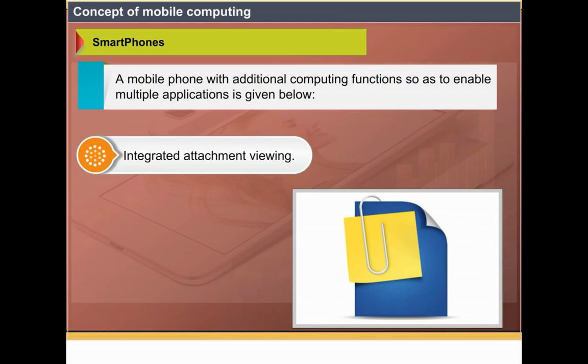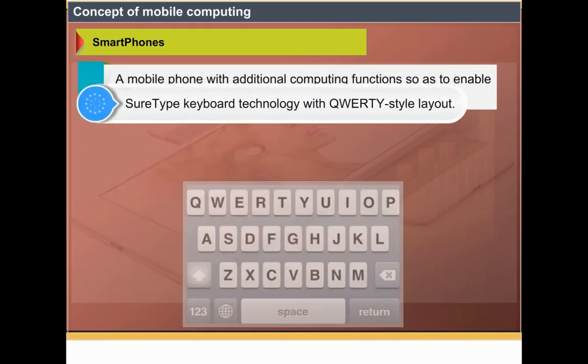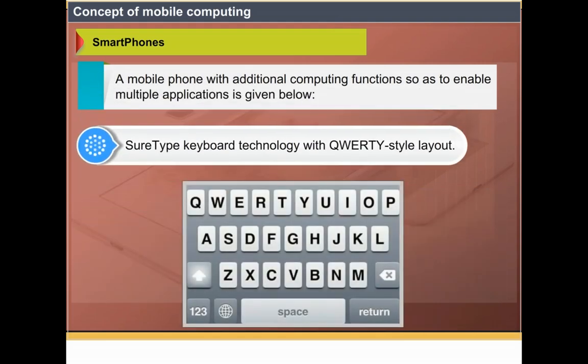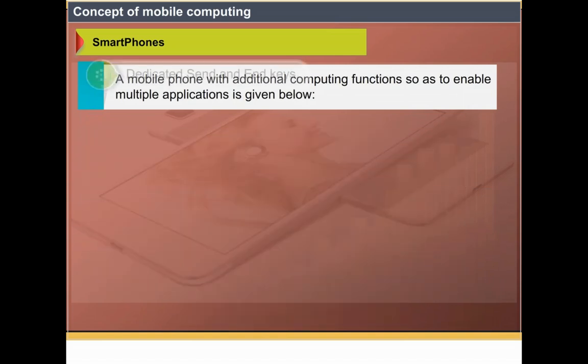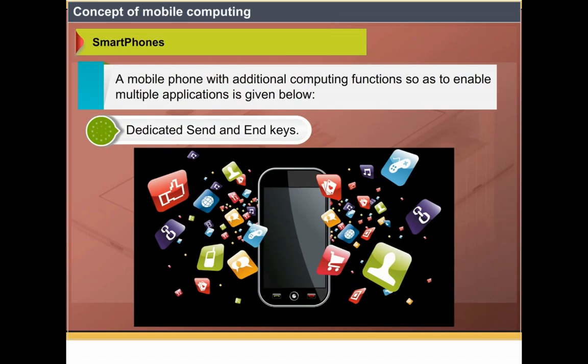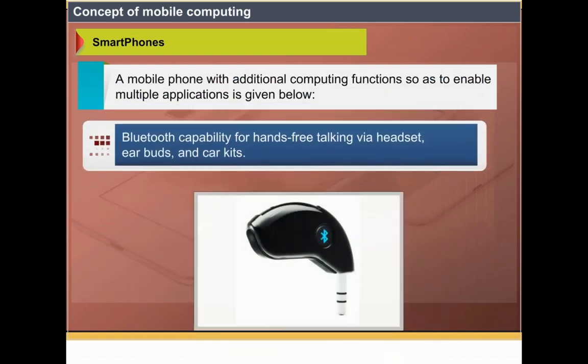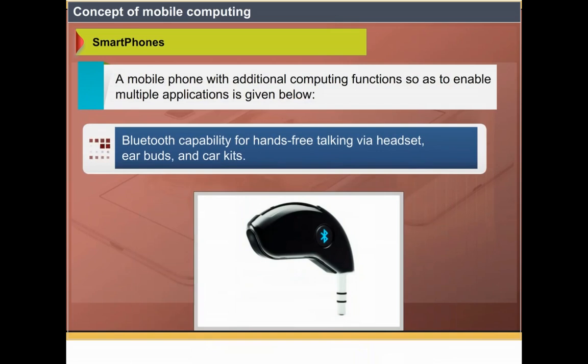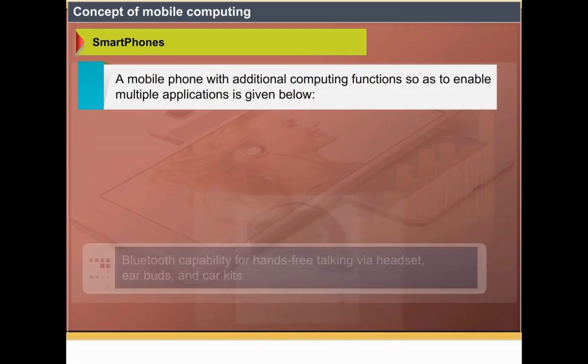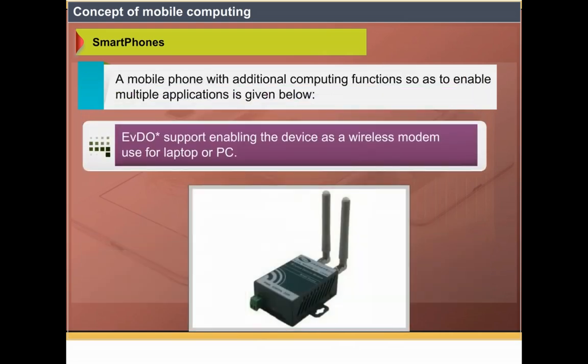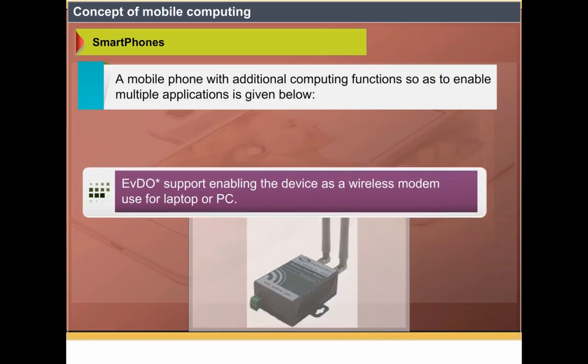Integrated attachment viewing, SureType keyboard technology with QWERTY style layout, dedicated send and end keys, Bluetooth capability for hands-free talking via headset, earbuds and car kits. EVDO support enabling the device as a wireless modem used for laptop or PC.